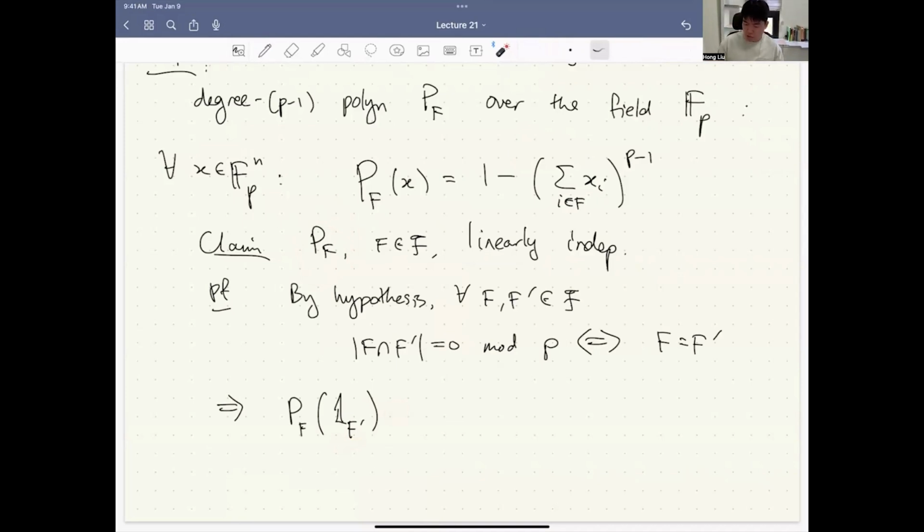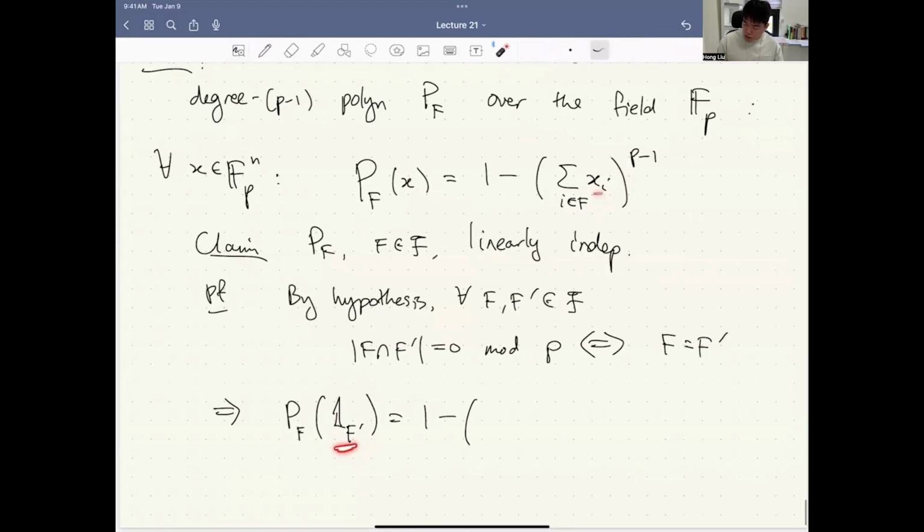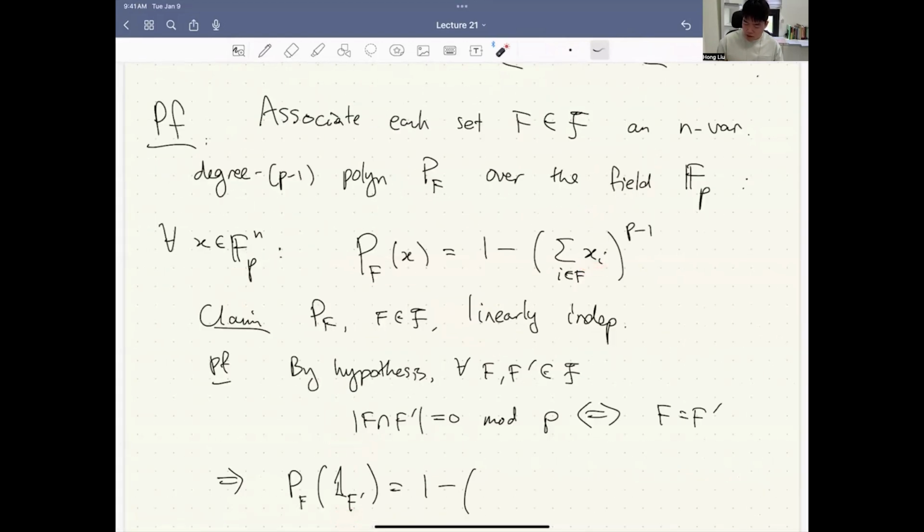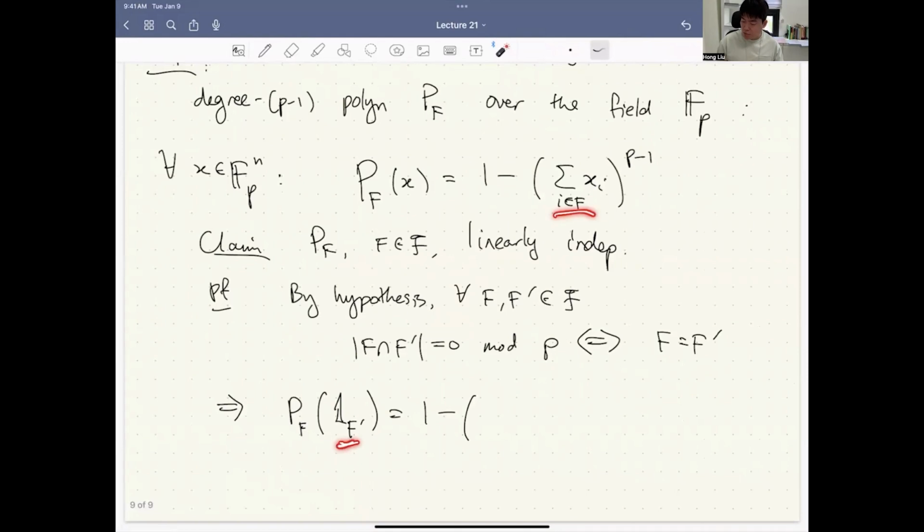That equals, by definition, 1 minus, so what is this, plugging in the indicator of F prime, we add 1 whenever F and F prime have a common element, otherwise 0. So what's inside is precisely the intersection size of F and F prime.